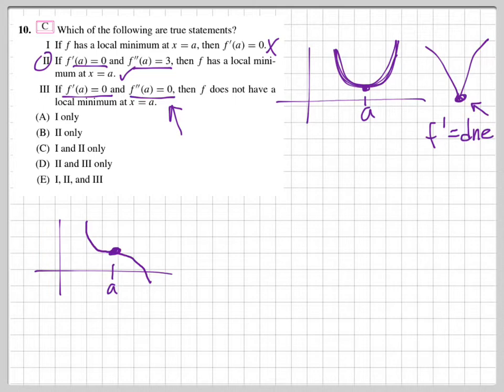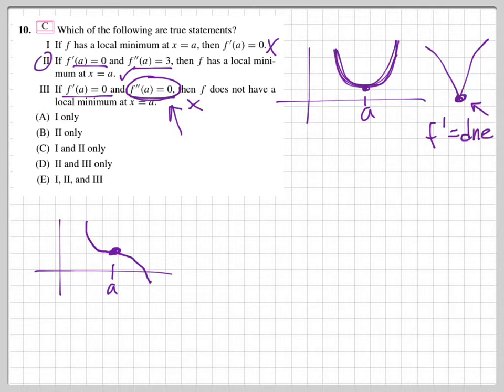However, just because this equals 0 does not mean that there is an inflection point there. We can still have something like this with f double prime for some reason equaling 0 right there. So this last one is not entirely true. It is almost true. This does not mean that there's definitely an inflection point there.